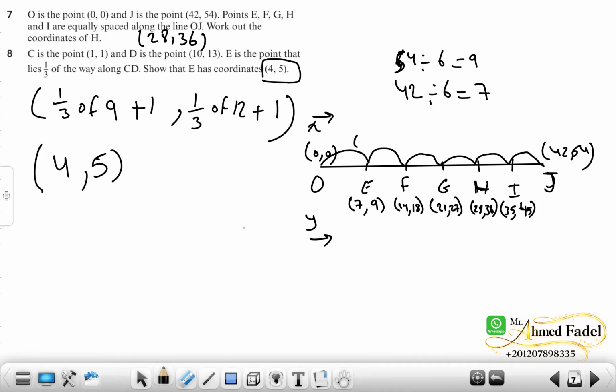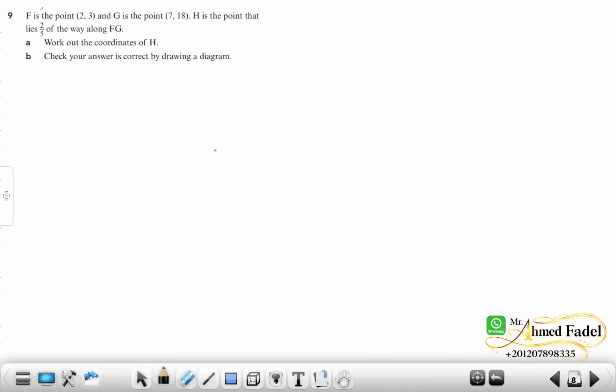We've just shown it. The last question, they want 2/5 of the line. Work out the coordinates of H, which is 2/5 of the line. So I'm going to need here to find 2/5 of the difference. X is 2/5 of the difference between the x's, which is 5, plus x1, which is 2. Then you find the 2/5 of the difference.